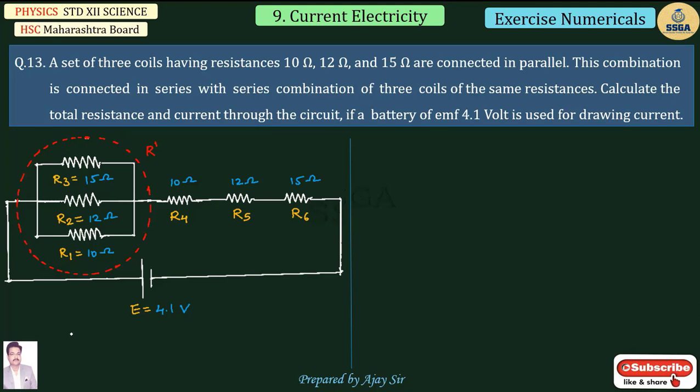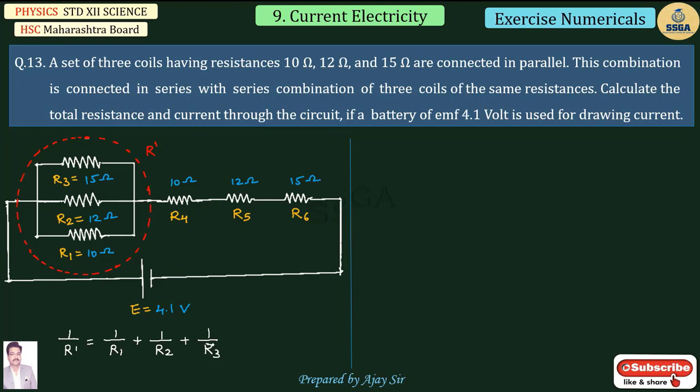For the parallel combination, 1 upon R dash is equal to 1 upon R1 plus 1 upon R2 plus 1 upon R3.